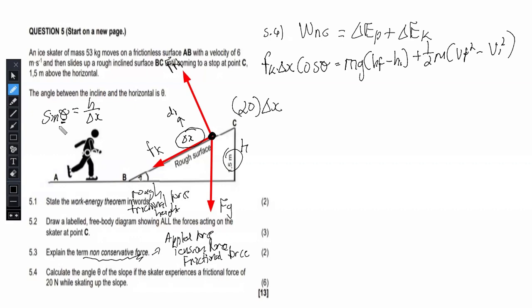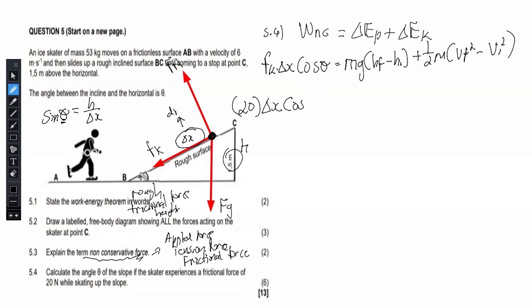If we can first get the displacement, then we can use the displacement to get the angle. It's always the trend with that question. Whenever you see a question whereby you are required to calculate theta, always put it in the back of your mind that the first thing you need to calculate is the displacement. Then from the displacement, you can find the angle of the incline. Right, so that's 20 delta x cos. The theta here is not the theta we are looking for.